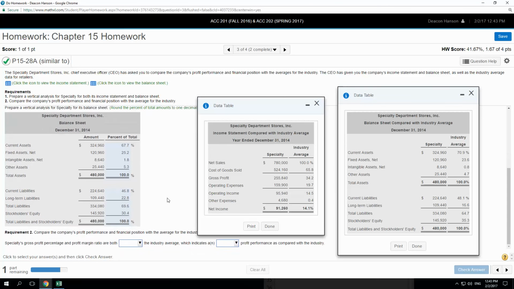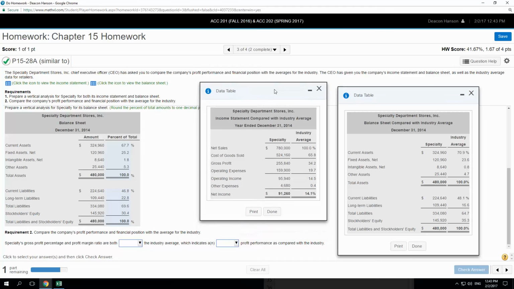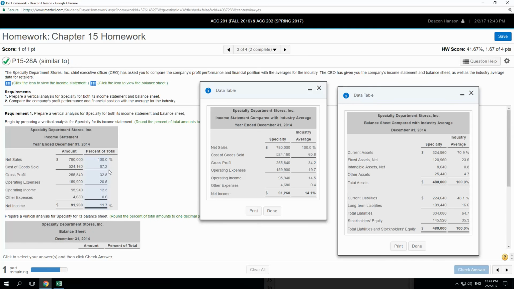So let's see. We want to compare gross profit. The gross profit would be from the income statement up here, this 32.8, and let's compare it to the industry. It's less than the industry. Industry is 34.2.